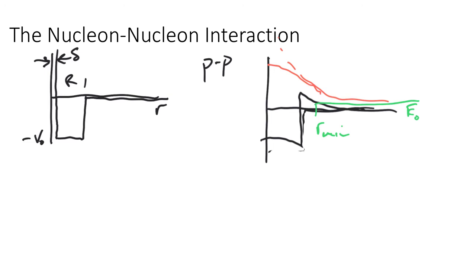But if it had enough energy, or it possibly could tunnel through that gap, it could end up bound inside this potential. We'll move on from there next time to talk about how we can model the whole nucleus, not just nucleon-nucleon one at a time interacting.